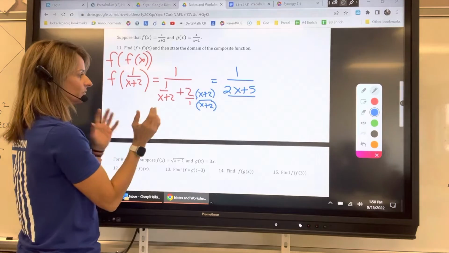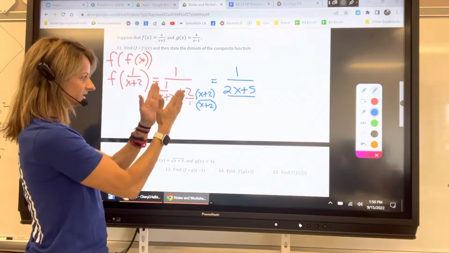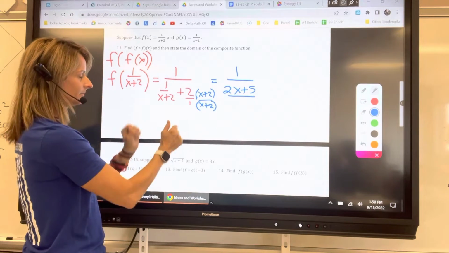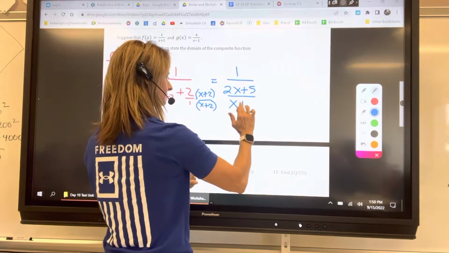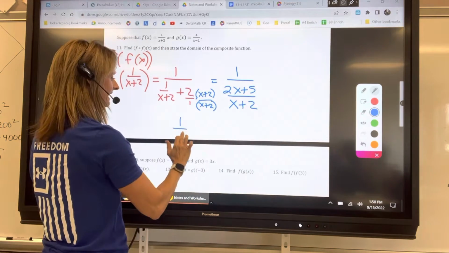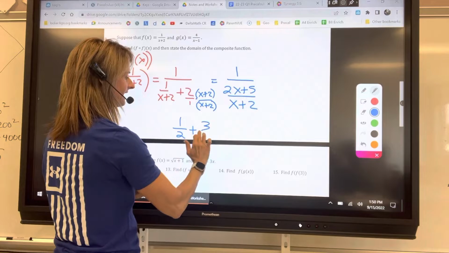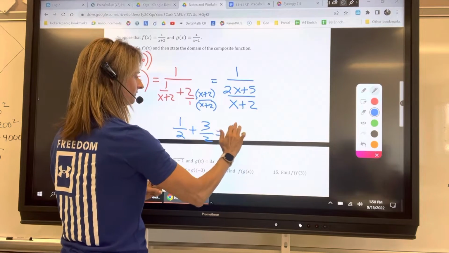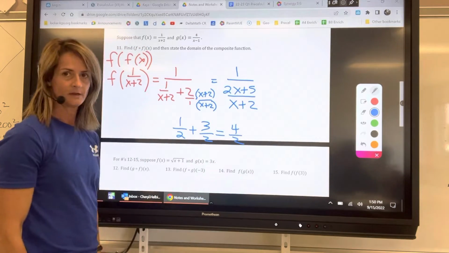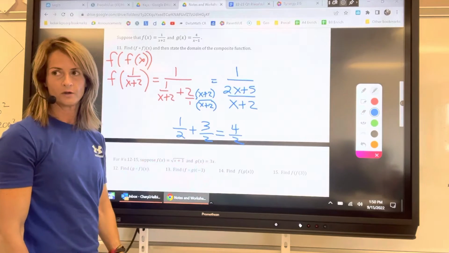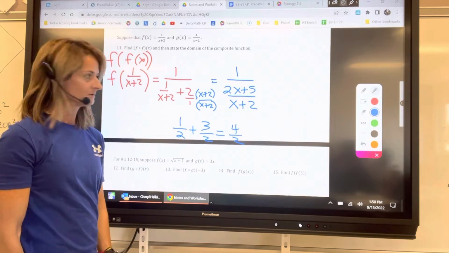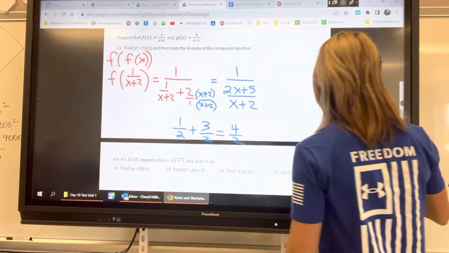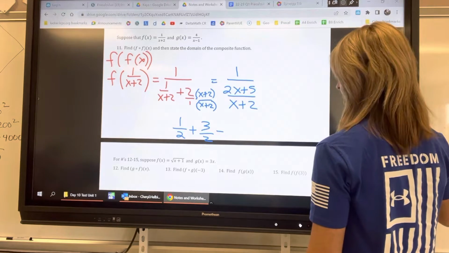The denominator, we can now add these two fractions together because the denominators are the same. We never add the denominators, right? If we have 1/2 plus 3/2, that's a total of 4/2. We don't add the 2 and the 2 and say that's a 4 in the denominator. So the denominator is still x plus 2.